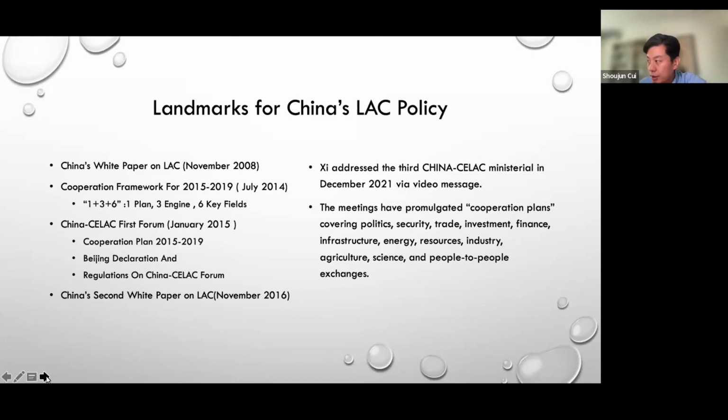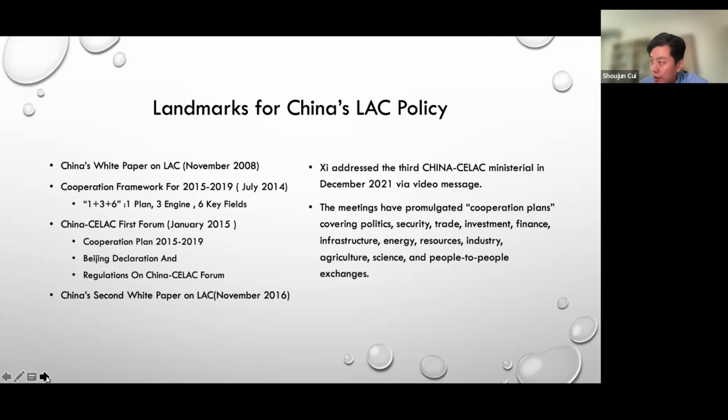If China wants to be a high-income country, China needs to continue to export high value-added commodities to the world. So Latin America will continue to be important in providing those commodities to China.